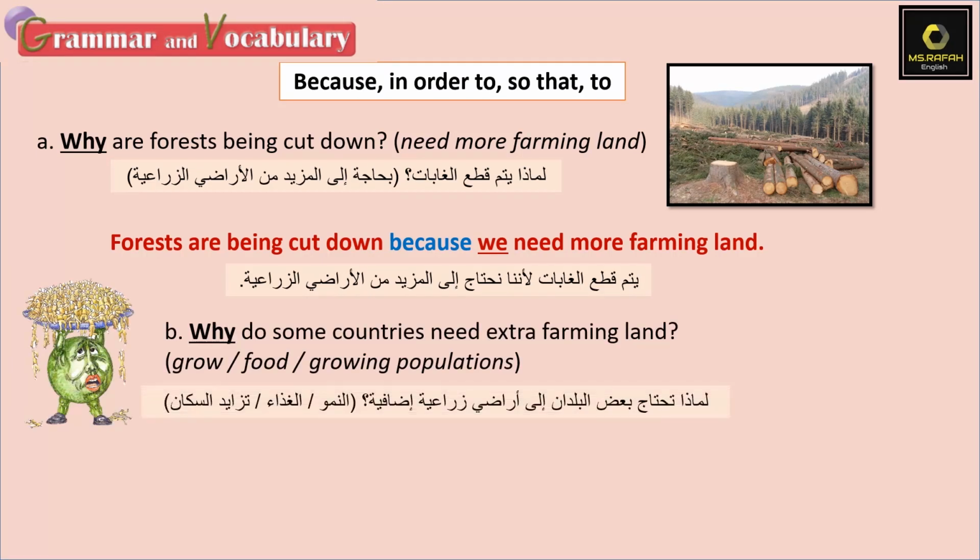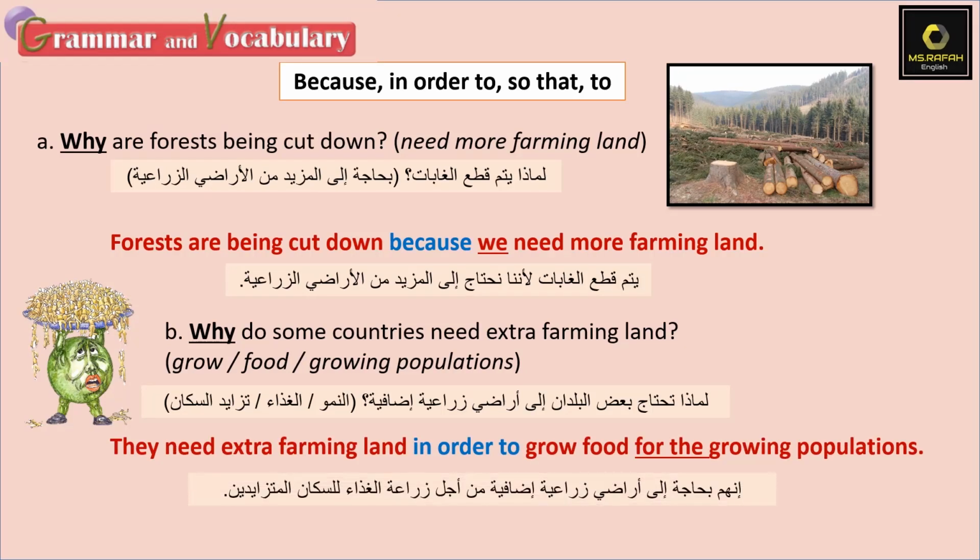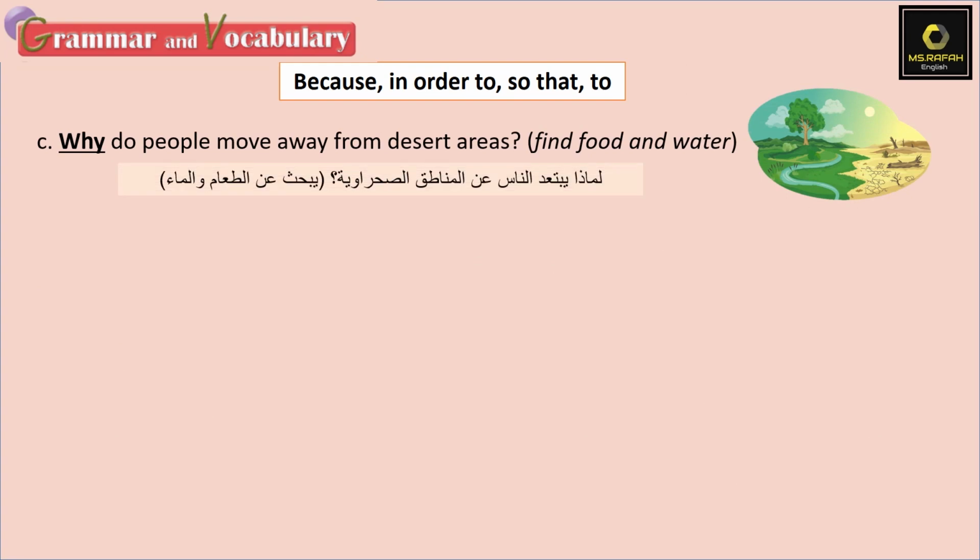Why do some countries need extra farming land? They need extra farming land in order to grow food for the growing populations. Why do people move away from desert areas?